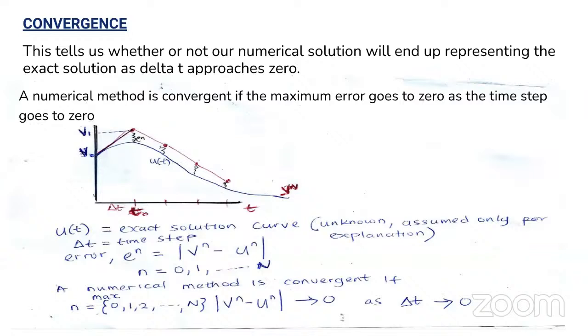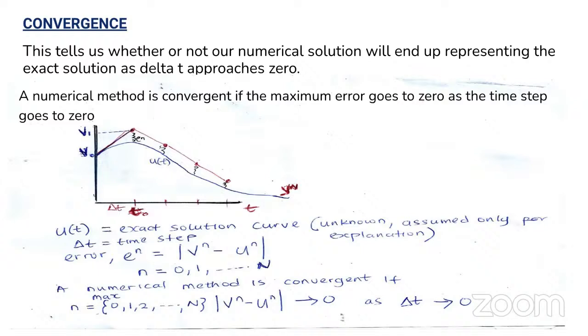So as delta t goes to 0, if the value of the numerical method that you used minus the exact solution also approaches 0, then we can say that the numerical method being used is convergent and will look something like the original solution.